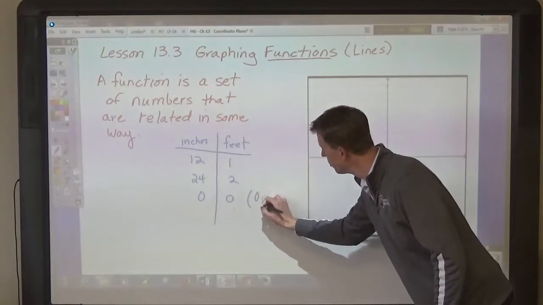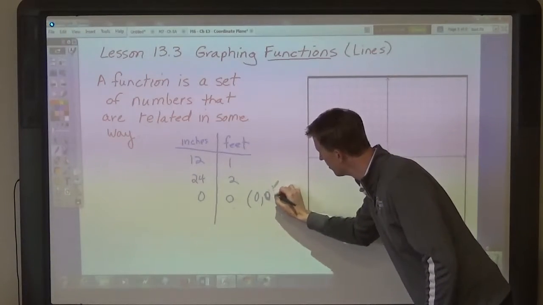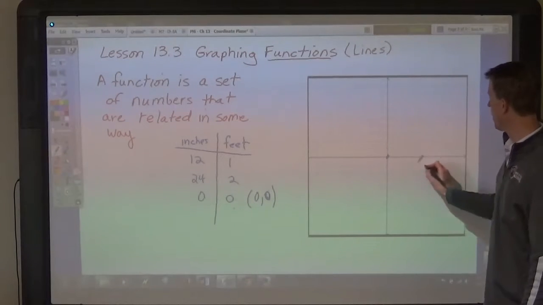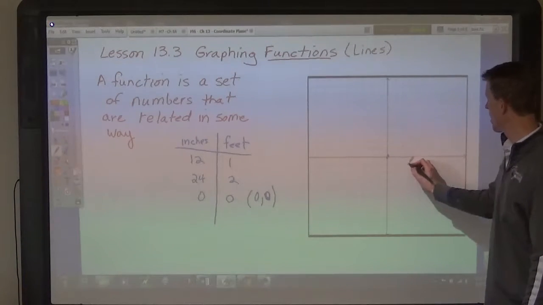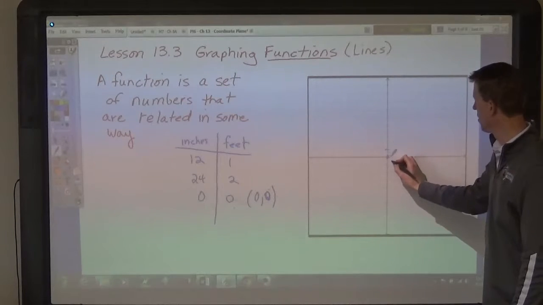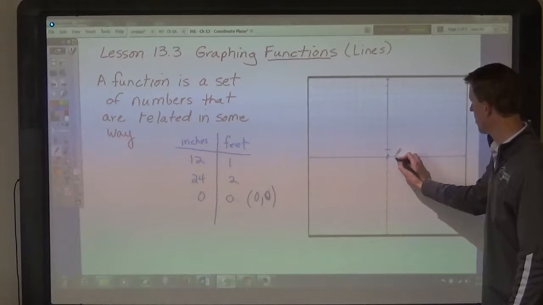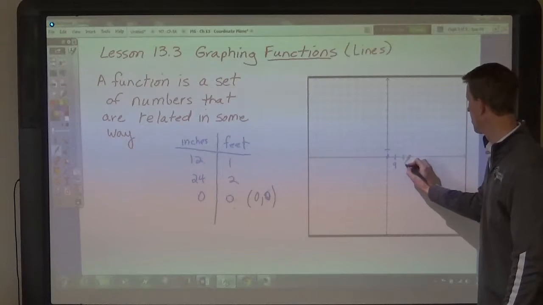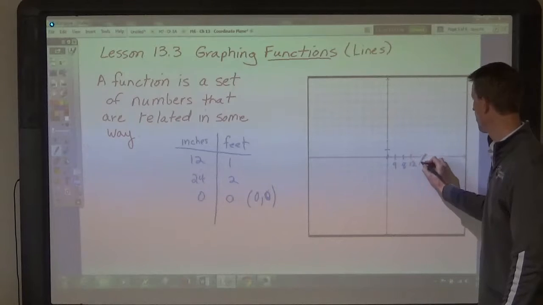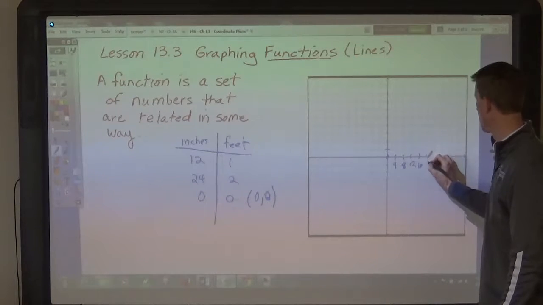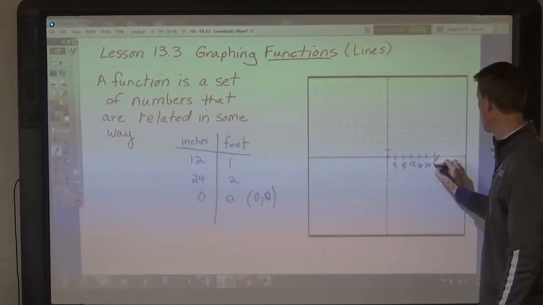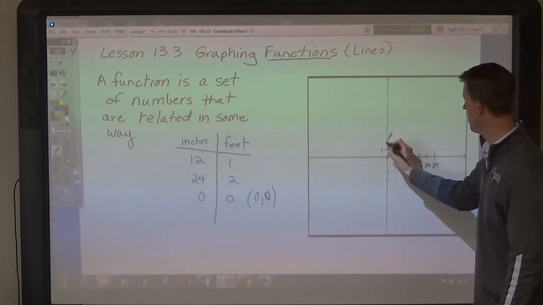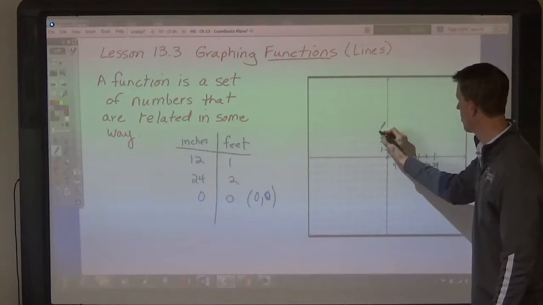This is two numbers that go together. So that's a point. Let's make this inches and this feet. So let's do this: 4, 8, 12, 16, 20, 24, and this is 1, 2, 3.